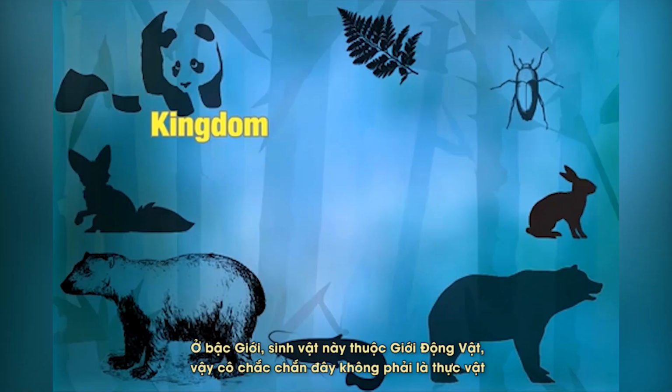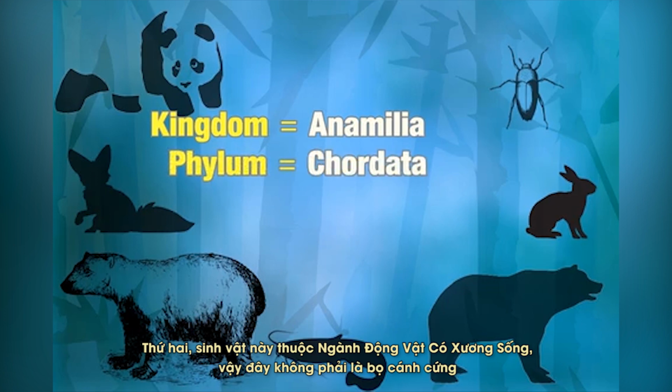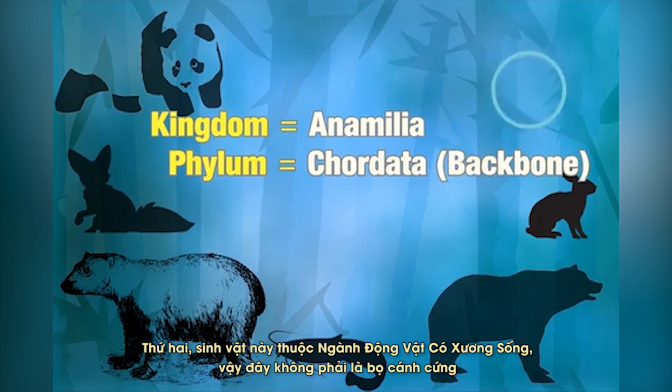The kingdom of this animal is Animalia, therefore an animal. So I know it's not a plant. Second step, phylum. We called it Philip. The phylum of this animal is Chordata. And that means an animal with a backbone. Chordata. So guess what? Beetle. We get to kick the beetle out.